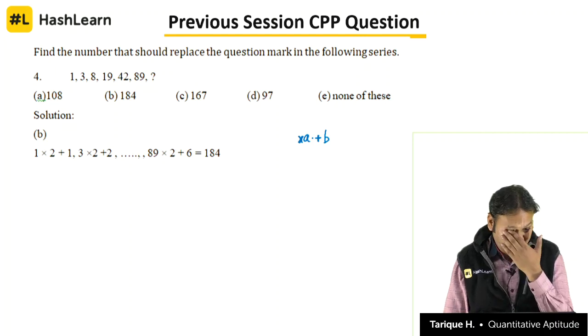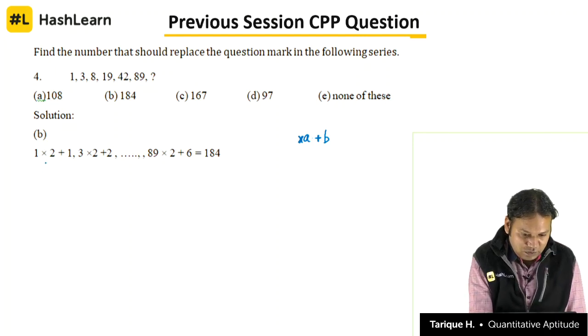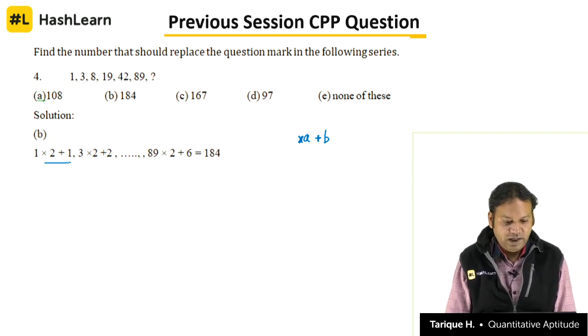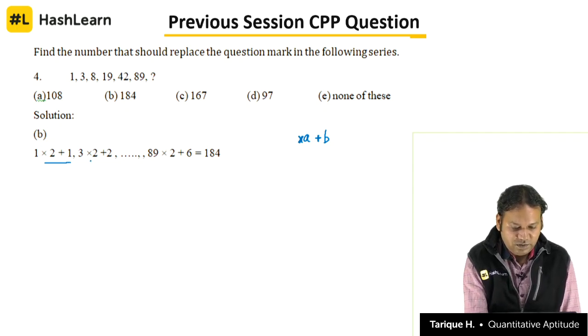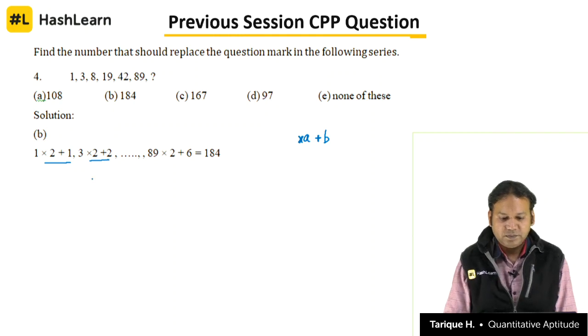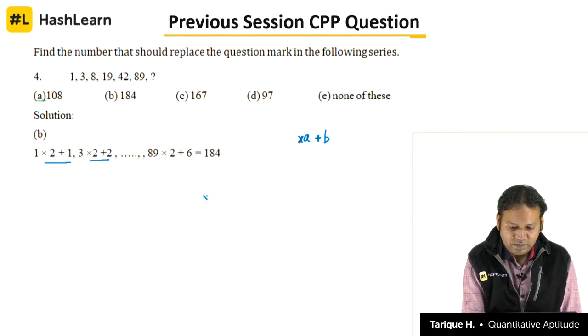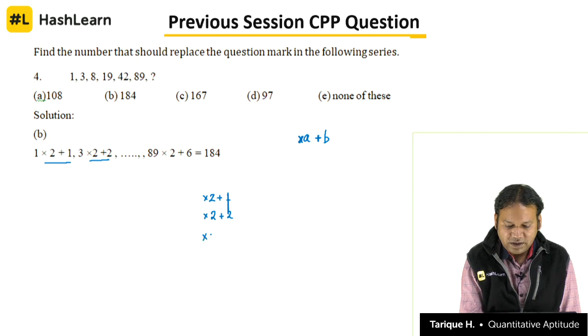So from 1 to 3, when you see, you multiply into 2 plus 1, so you get 1 into 2 is 2 plus 1 is 3, and from 3 to 8 we do into 2 plus 2. So first number is into 2 plus 1, second number we are doing into 2 plus 2, then we will do into 2 plus 3, into 2 plus 4, and so on, right.